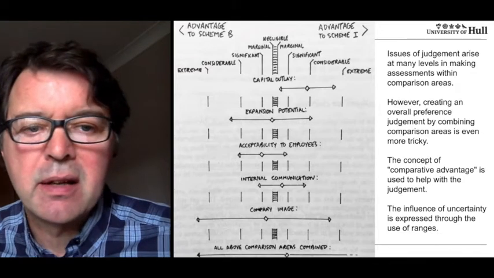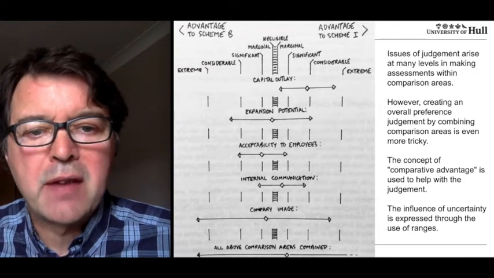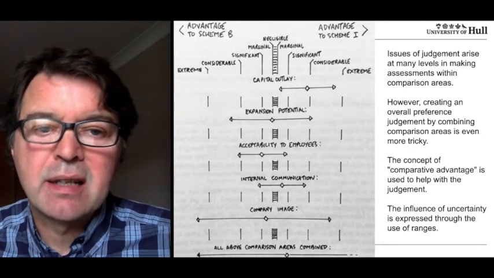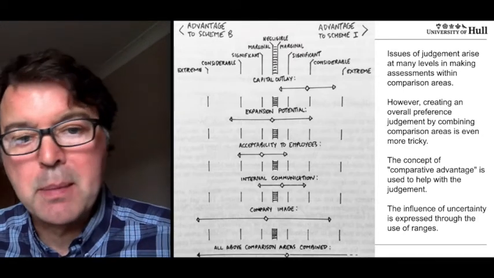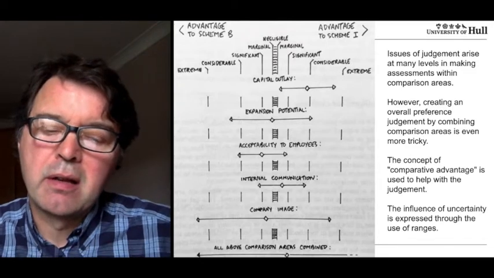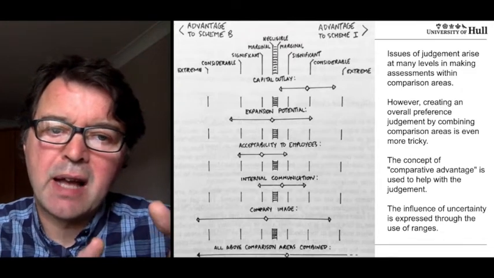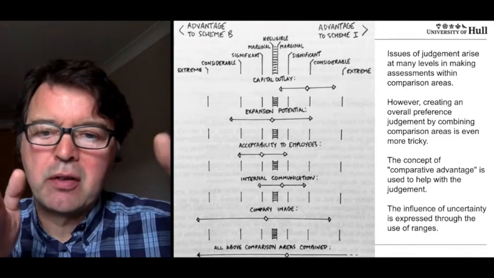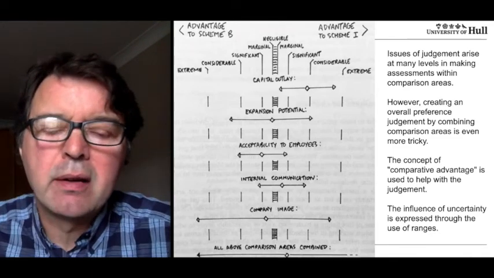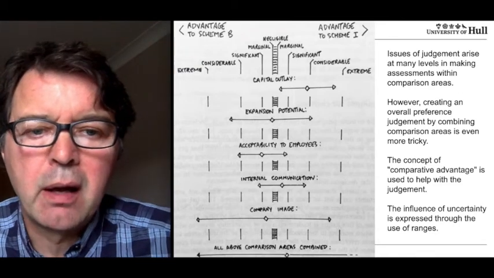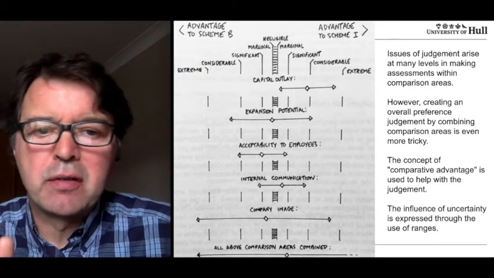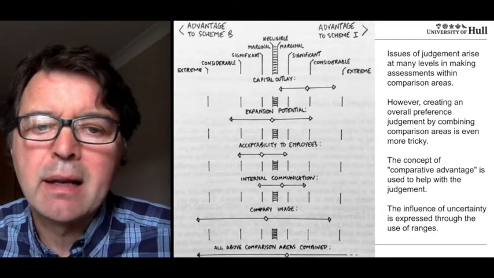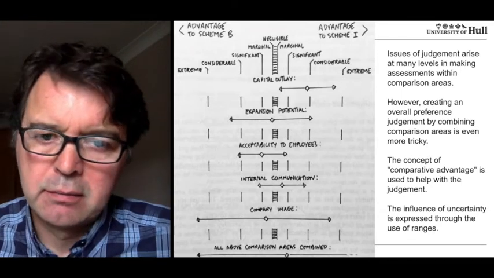We can see that in terms of capital outlay, scheme I has a significant advantage over scheme B, and we can see that the line is to the right, and that we've got a reasonably wide element of uncertainty, but clearly scheme I is winning on that criterion.